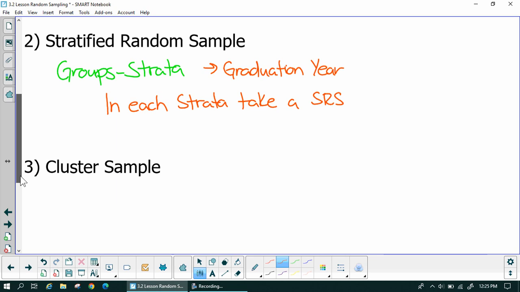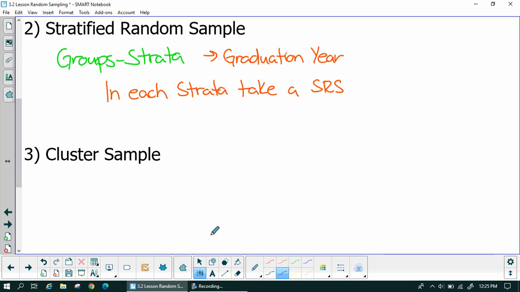A cluster sample is similar, and I'll tell you right now that these are the two people get most confused. We're going to break those into groups. We call those clusters. So for example, we have clusters that are naturally formed in school. Let's say our clusters are first periods or first block. And so if we were going to do a cluster sample in the school, we have defined clusters.